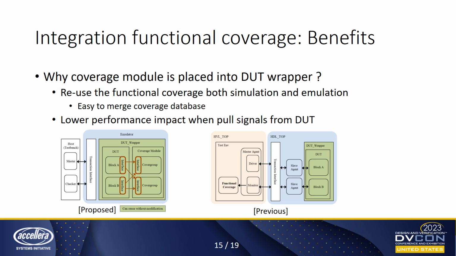However, there are two conditions to merge the coverage matrix data. I will share them in the next slide. And second, our proposal has benefits for lower performance impact. When you force signals from the DUT to be used in functional coverage, our proposal gets less performance impact.